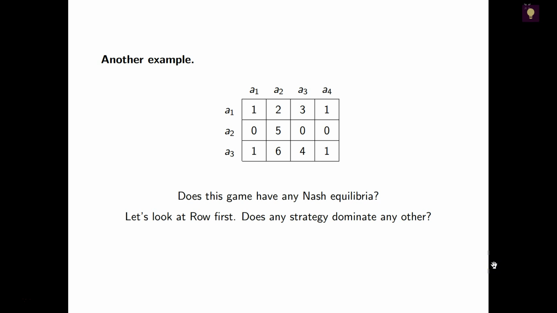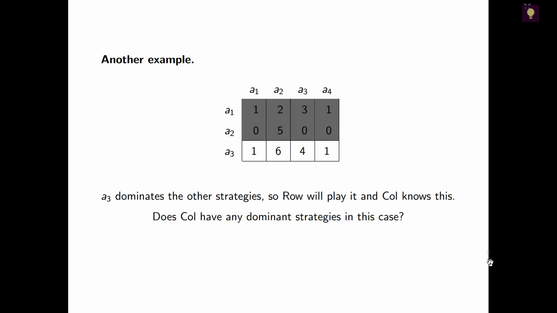Another example. Does this game have any Nash equilibria? Let's look first at row. Does any strategy dominate any other? Well, here I'm going to speed through this a little bit. A3 dominates the other strategies, so row will play it, and call knows that row is going to play A3. Does call have any dominant strategies here, given that row is going to play A3?